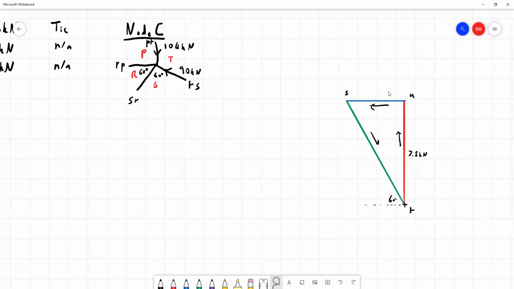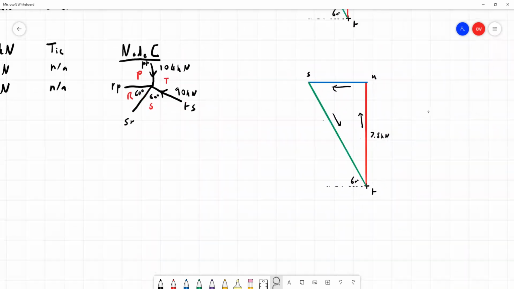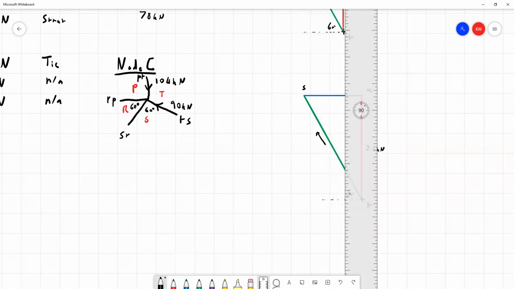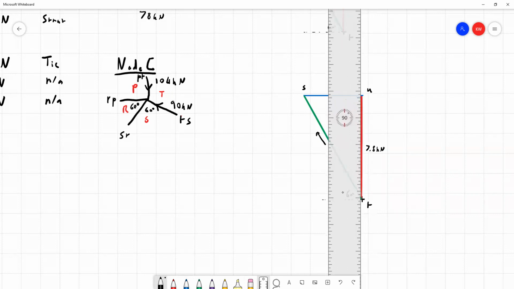And this was something I actually meant to do in class when we were doing one of these examples and didn't realize at the time. So I've caught myself this time, and we'll add it in. So what I will do is take away those arrows again, because like I said, that is a direction that these forces act in relative to node D. We're considering node C. And so we know that our vector TS is acting in this direction, and we know we need to include a vector PT starting at P and going down the way towards point T, because that is where it ends based on our lettering, which corresponds to the order in which these vectors connect.